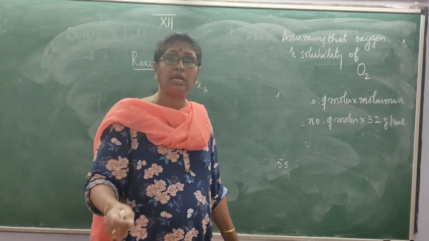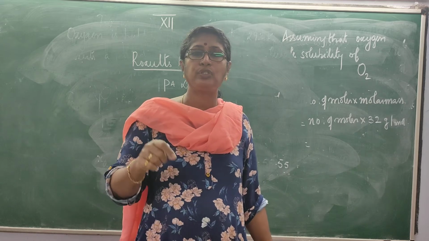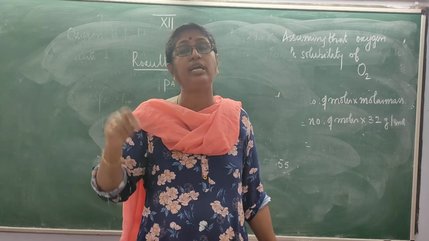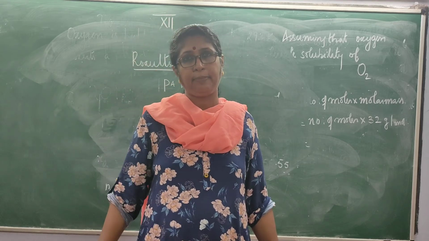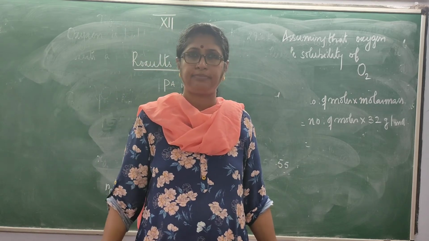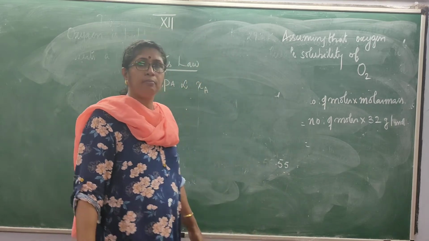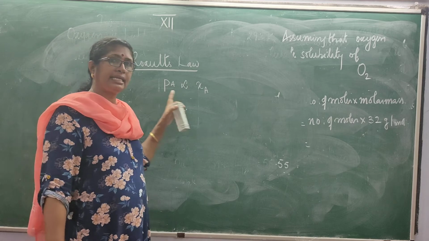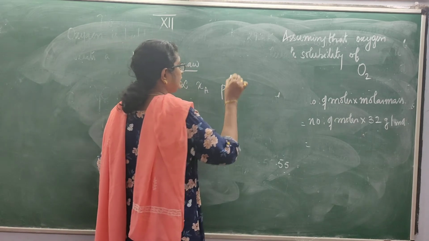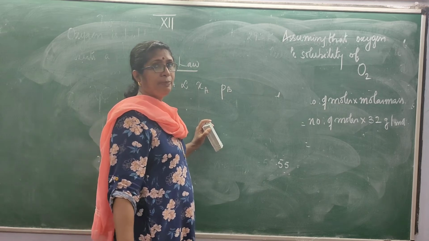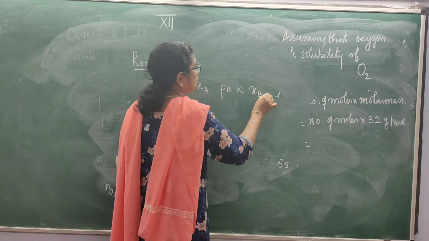Now if the solute is volatile, then the vapor pressure of that component also will be directly proportional to its mole fraction. Suppose we are taking two components A and B, both volatile. Then PA will be directly proportional to XA, and PB, the vapor pressure of component B, will be directly proportional to XB.